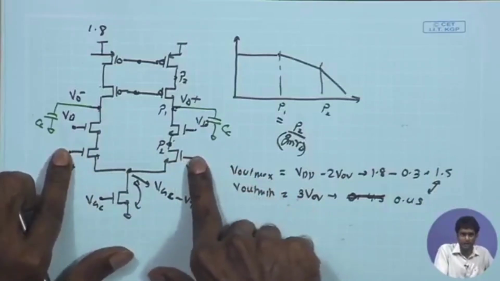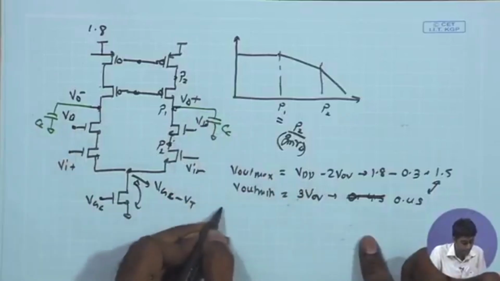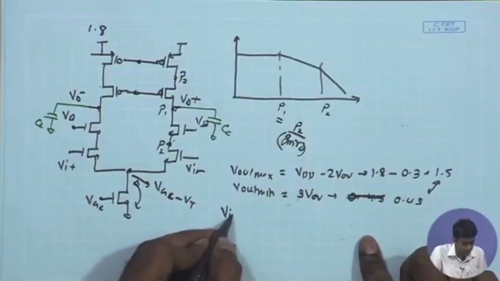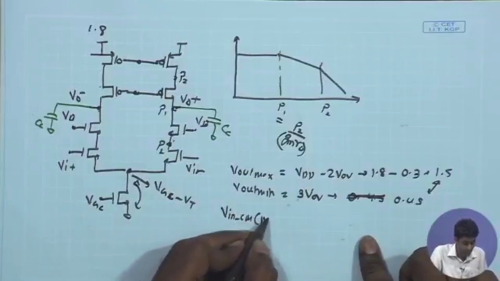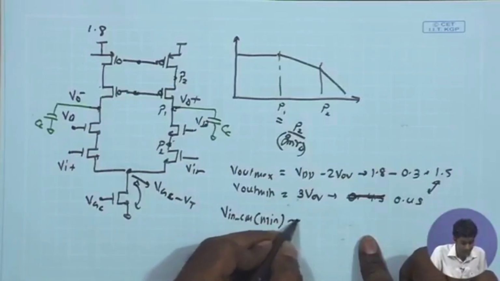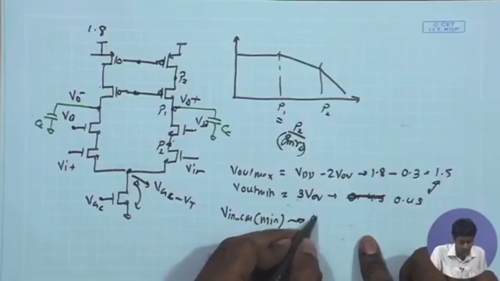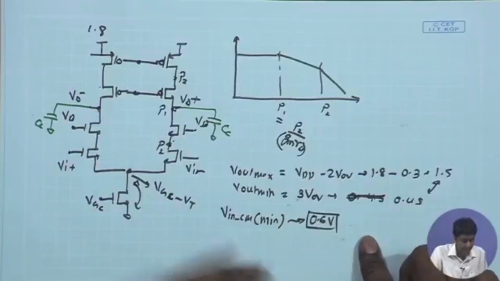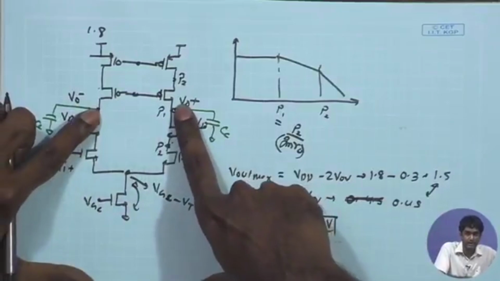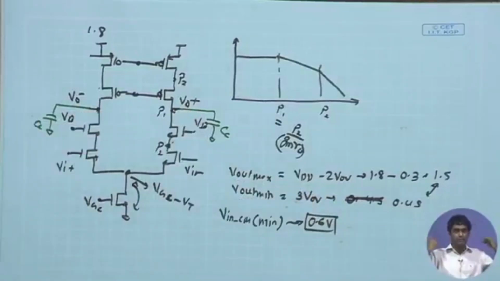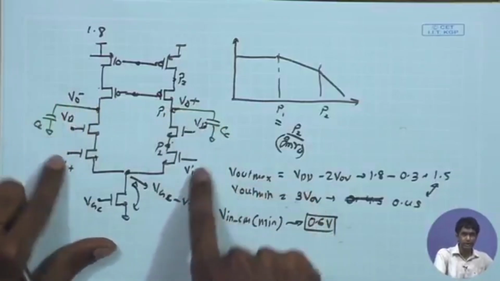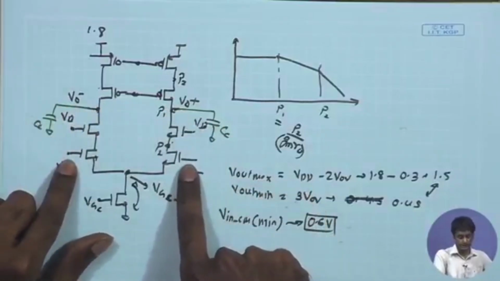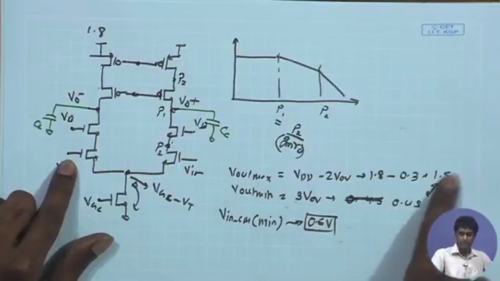So the V in Cm min that I have estimated is around 0.6 volt. This is the estimated value in order to allow maximum possible swing at the output. But if I use the output DC point to bias my input DC, then I am going to have midway of this.